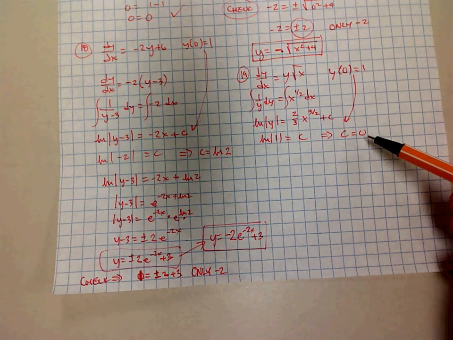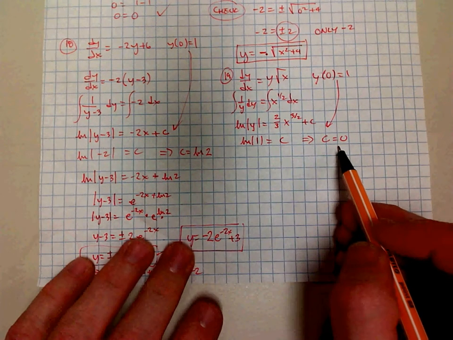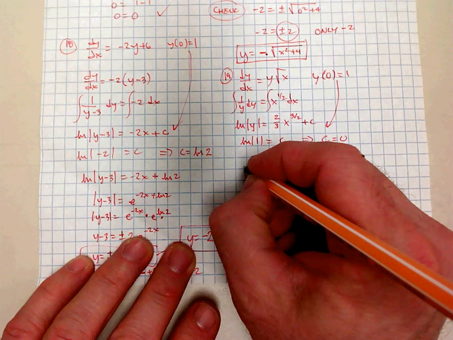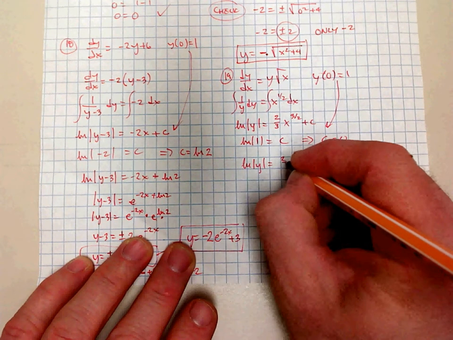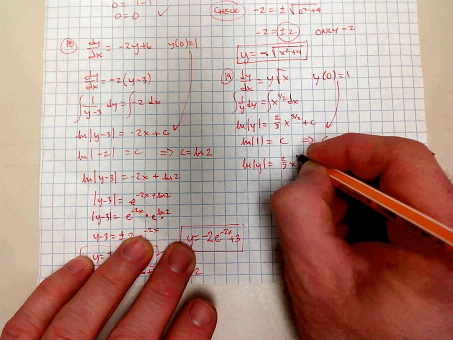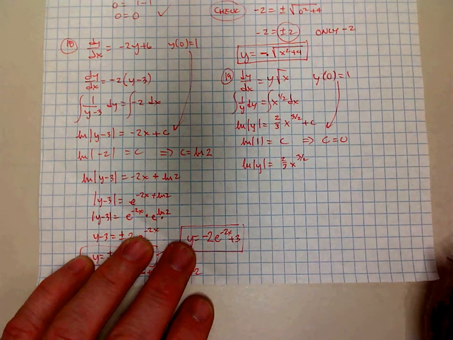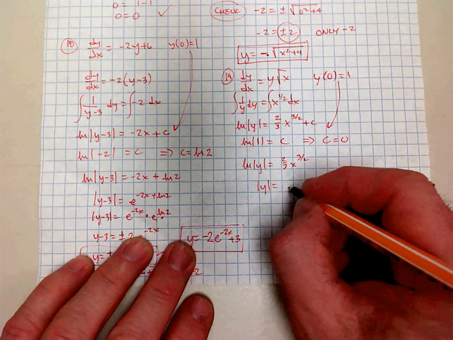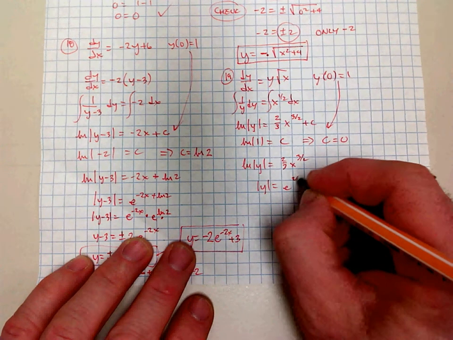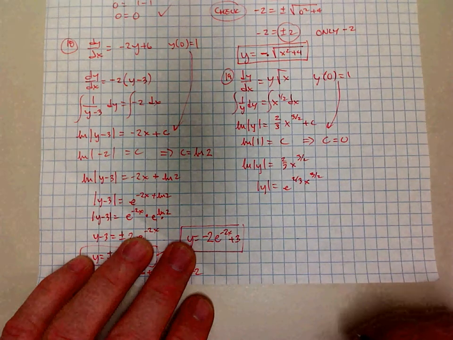So this just becomes the natural log of the absolute value of y equals 2/3 x to the 3/2. c is gone. Take everything to the power of e. This will be e to the 2/3 x to the 3/2. We kind of saw this coming again, we end up with a plus or minus.